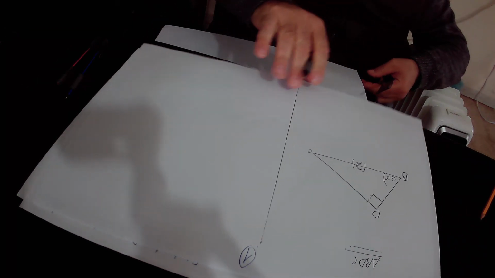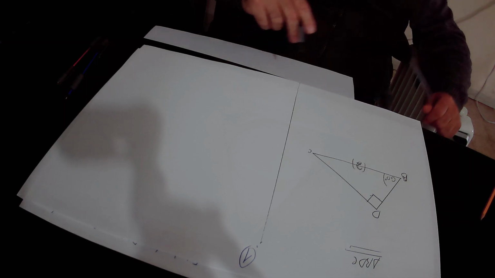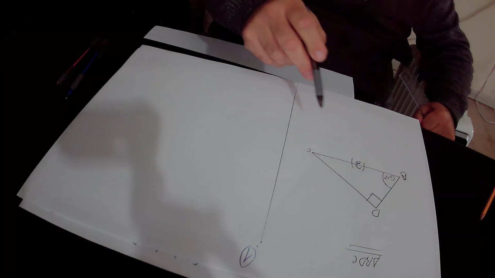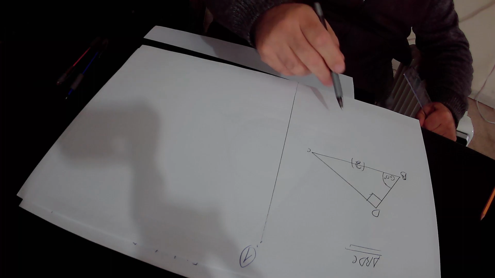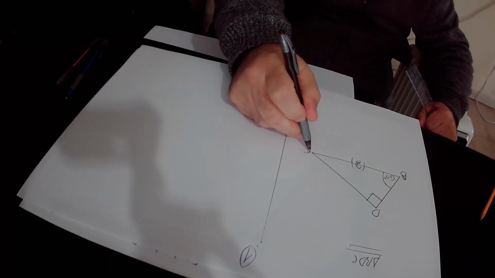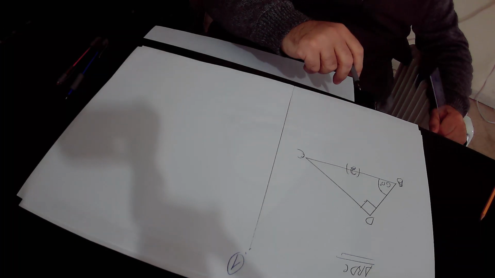So actually, this is triangle BDC that I copied from the original drawing. Angle DBC equals 60 degrees in its size, and side BC on this triangle DBC equals 2 units in its length.